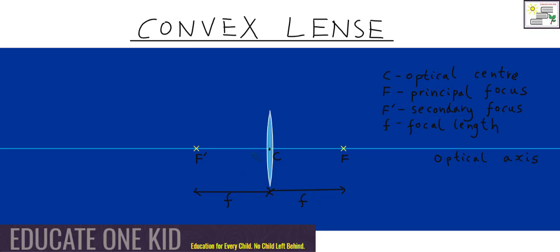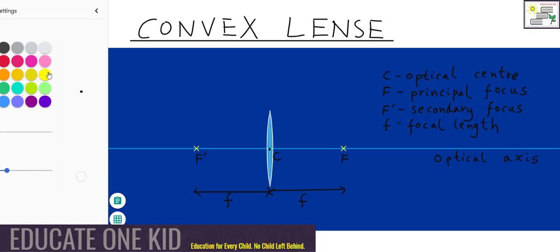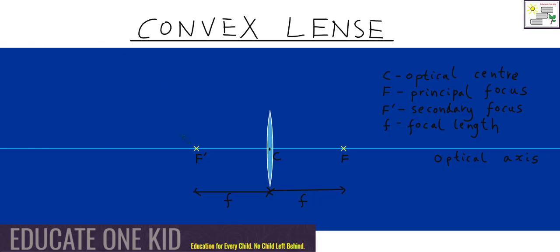Now, let's consider what happens when light rays reach the lens. So let me change color. Say a light ray from a very distant object, maybe a star, reaches the lens like this, and this light ray is parallel to the optical axis.